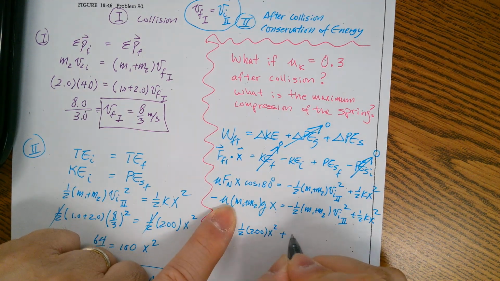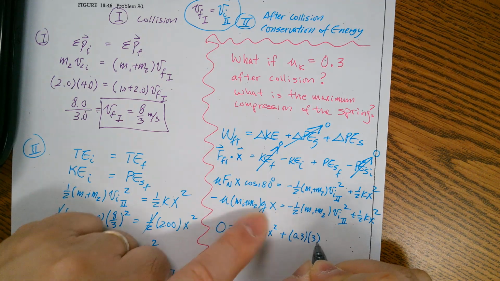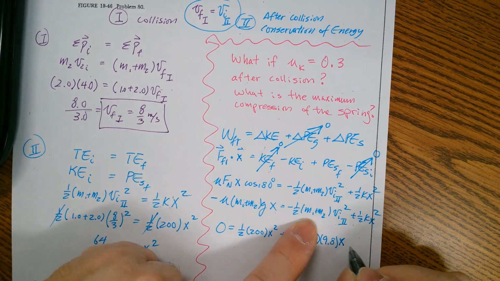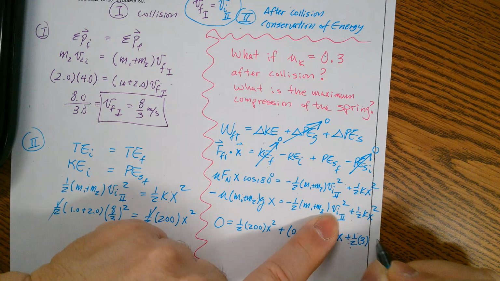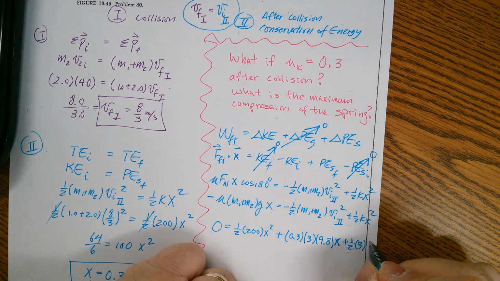Minus becomes plus 0.3 times 3 times 9.8x minus 1/2 times 3 times (8/3) squared.